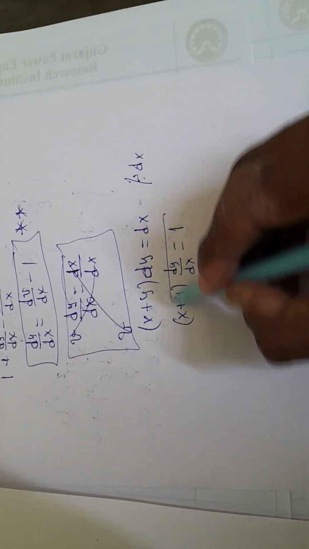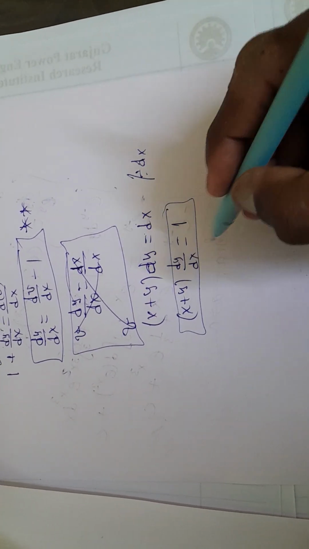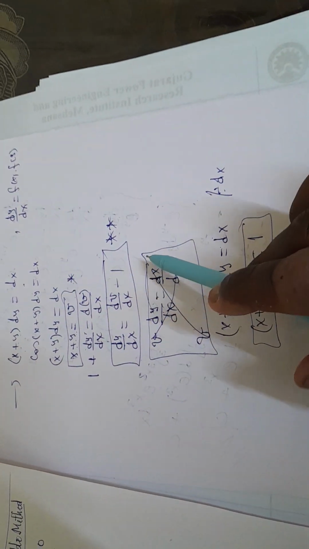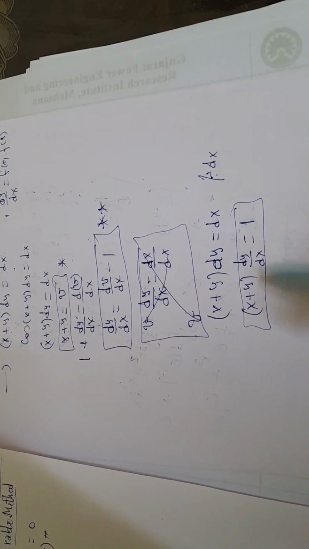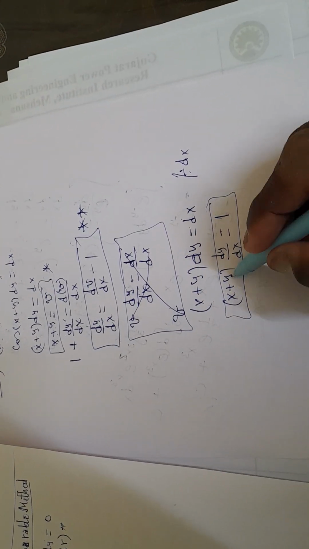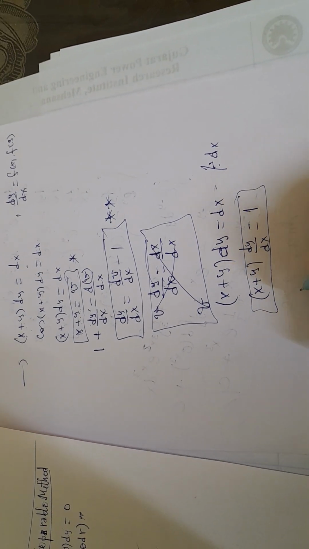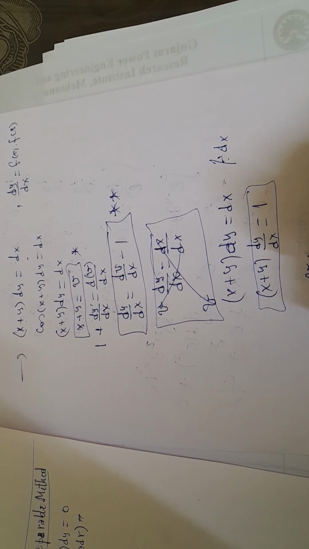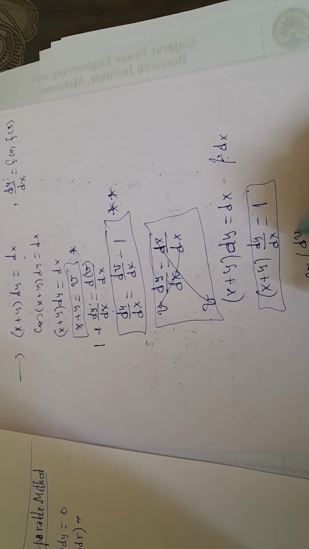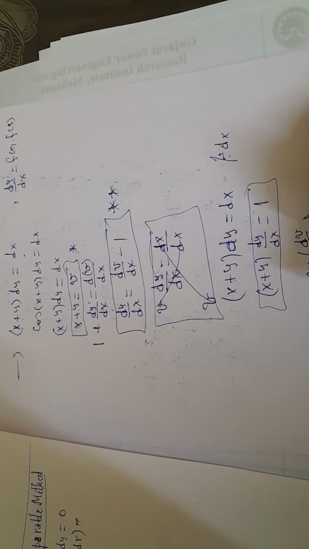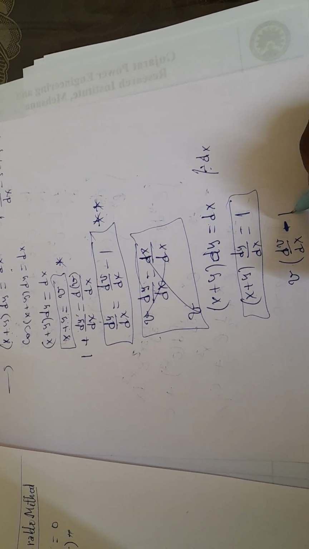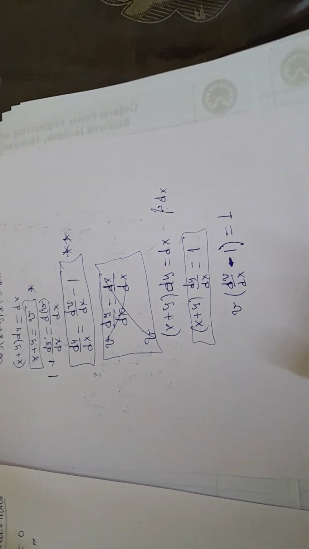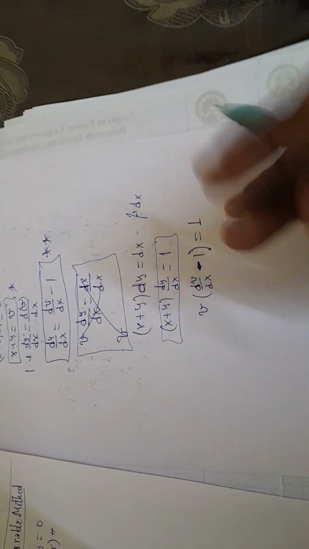Now you can substitute star and double star in this equation. So what is x plus y? X plus y is v. dy dx is dv dx minus 1. Minus 1 is equal to 1. Are we together? Yes, we are together.